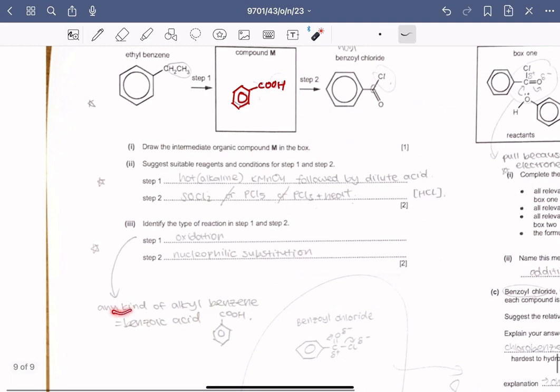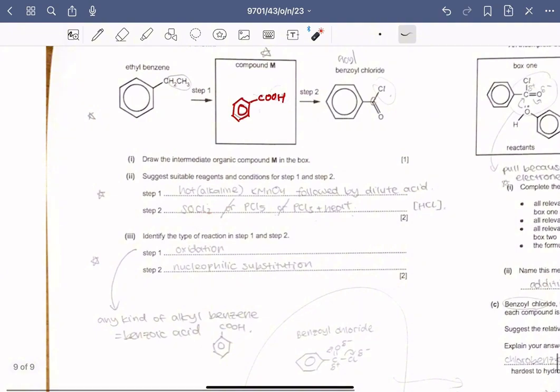Any kind of alkylbenzene will form benzoic acid. And then step 2, it will react with SOCl2 or PCl5 or PCl3 plus heat. Choose one of them only, don't answer all three. And the name of the reaction is nucleophilic substitution.